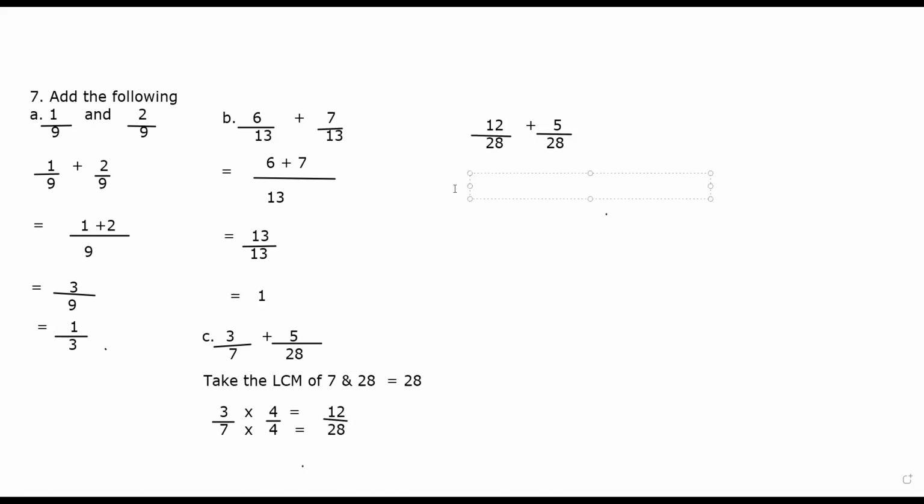We just add the numbers. This will become 17 upon 28. As you can see, this will become 17 upon 28. This is the final answer. Okay. 17 upon 28.